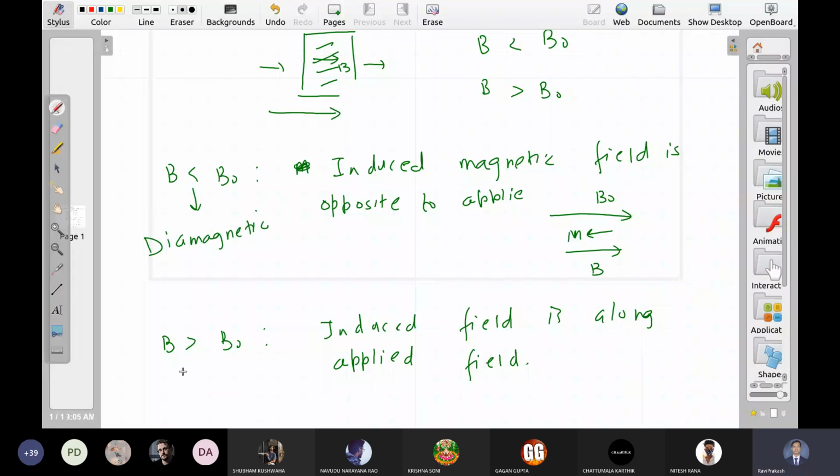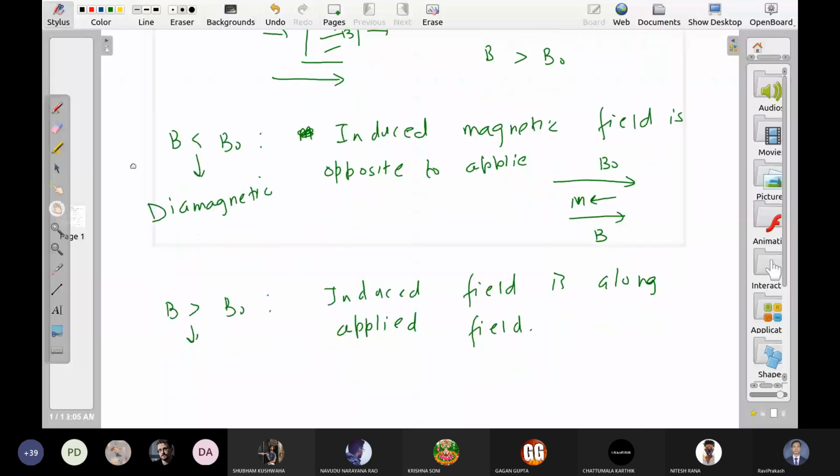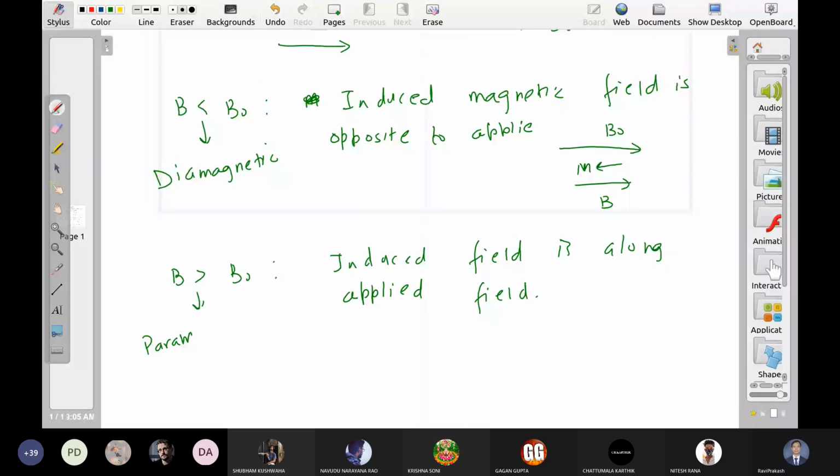And these materials are paramagnetic or ferromagnetic.